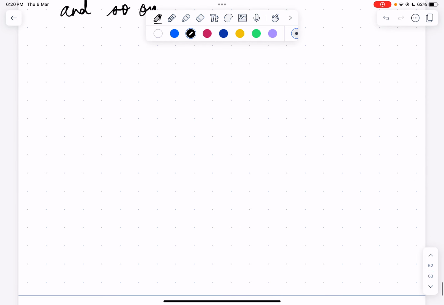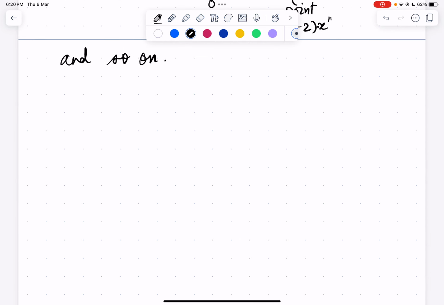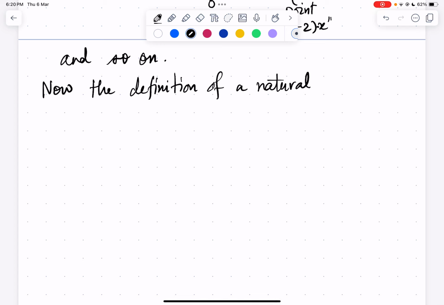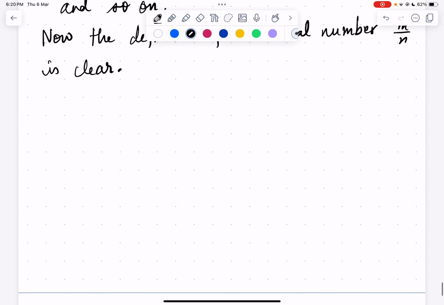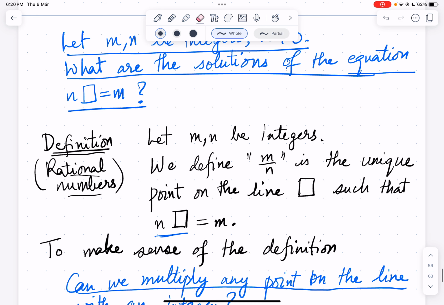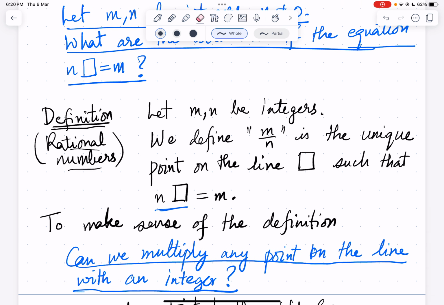Now that we have defined multiplication of any point on the line by an integer, the definition of a rational number m by n is clear. Just to recall, let m and n be integers, n not equal to 0.